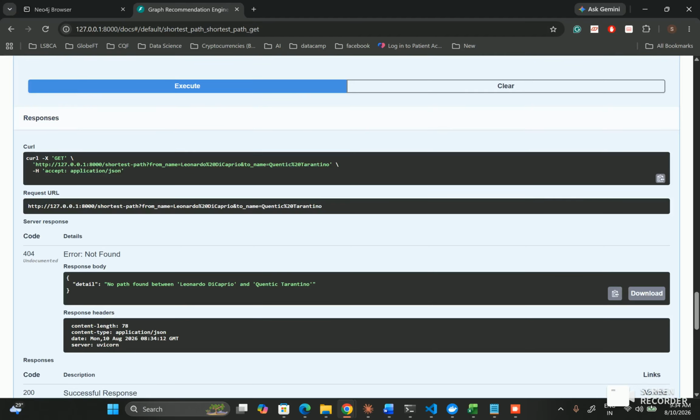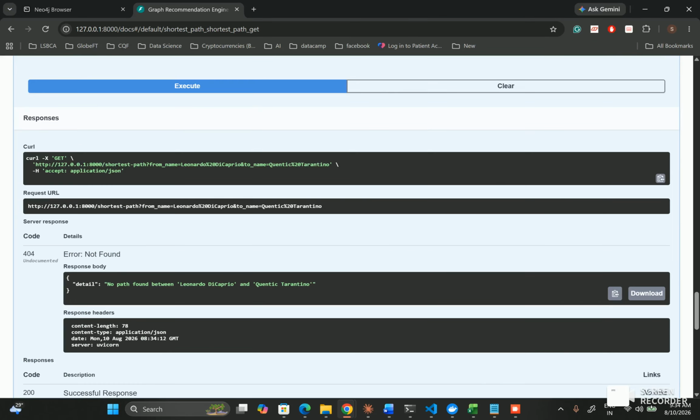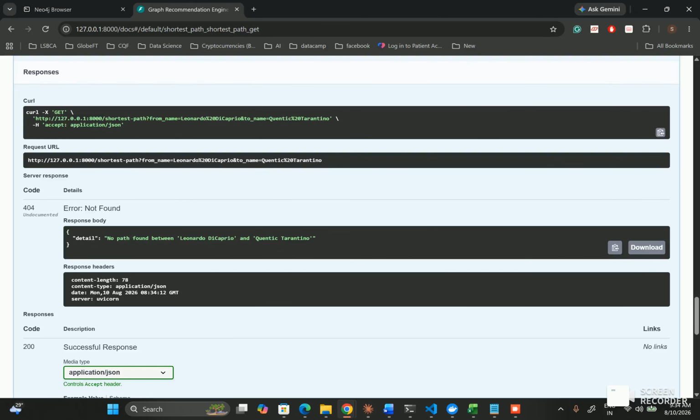Let's see. Here's the URL. No path found between DiCaprio and. Okay, see, Quentic. This is wrong. It is not Quentic. This is Quentin.